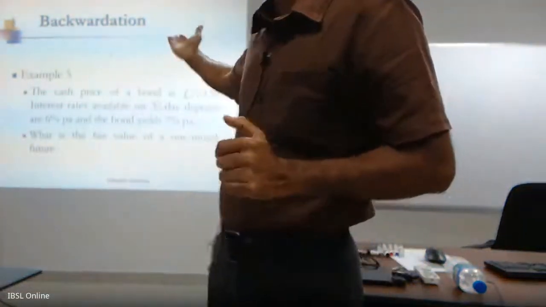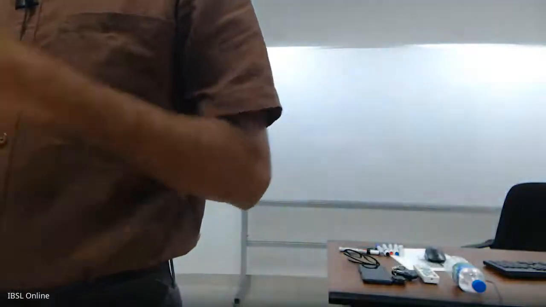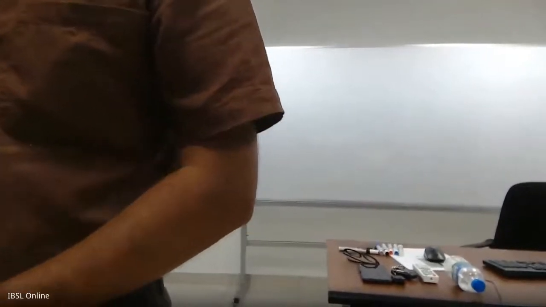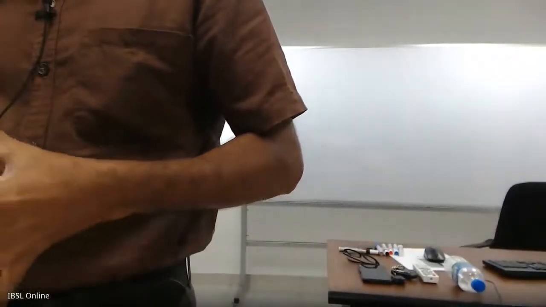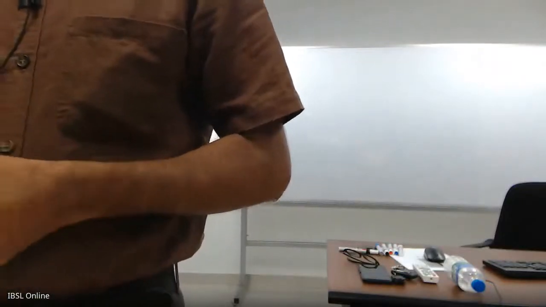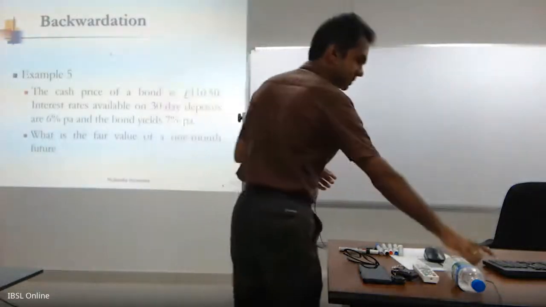So the futures would be in a backwardation market. If you buy a futures contract on a bond in Sri Lanka today, the price would be less because your benefits are higher than the interest cost. So you work out these.